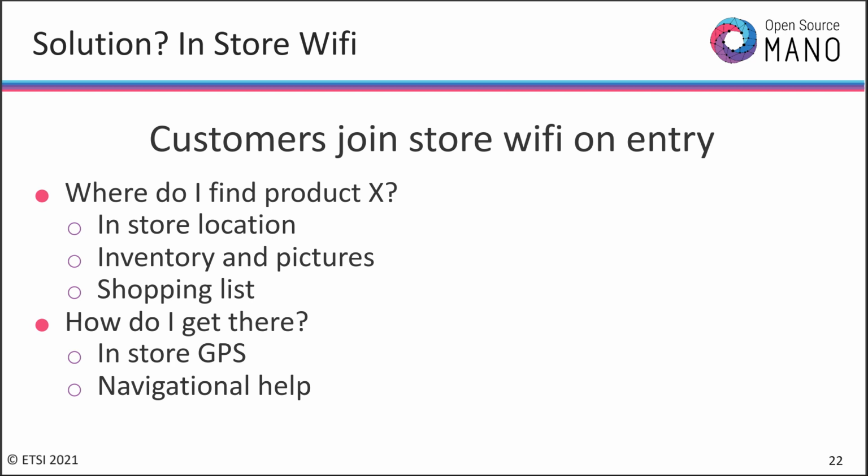It gives you the in-store location. It might give you inventory or pictures of it. Help you build up a shopping list so that you know what things you want and where they are. Helps you around with an in-store GPS, a navigational help. I want to be able to get from here to there. So what does this look like with OSM?